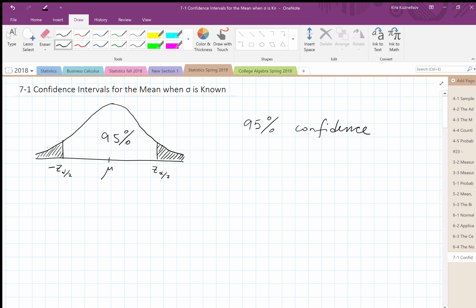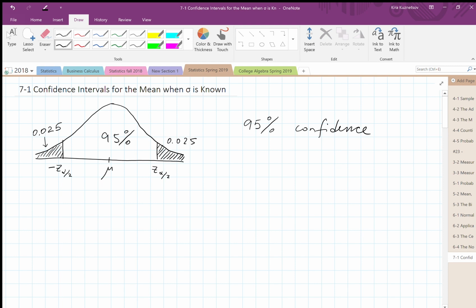These little pieces that come off on the sides are called tails of the distribution. So if I have 5% split into two pieces, that leaves 2.5% on each side. So I know that this area is 0.025, that's 2.5%, and on the other side I have 0.025.